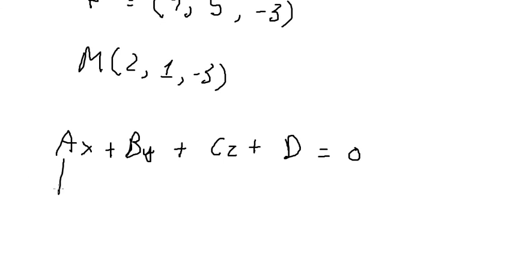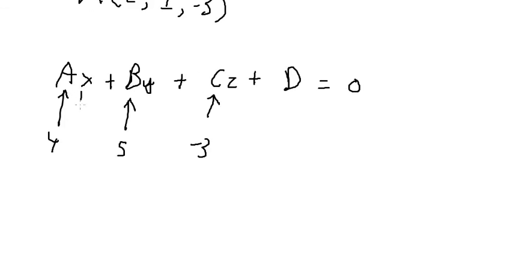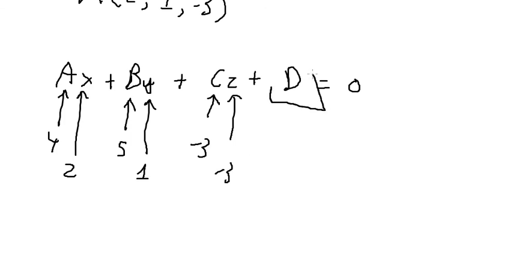So we put 4 in here, 5 in here, and negative 3 in here. Next, x, y, z, that's the point M. We put the value of 2 in here, 1 in here, and negative 3 in here, because we want to find the value of d in here.